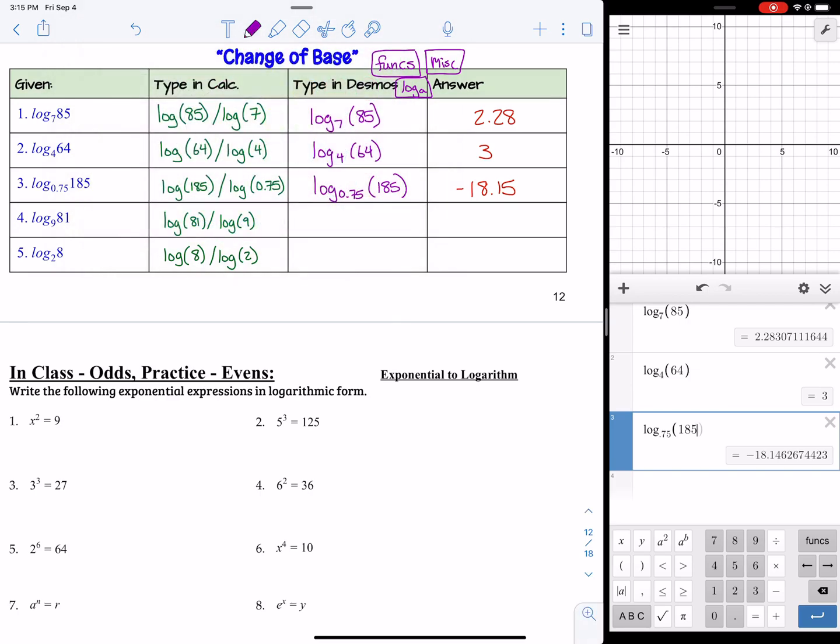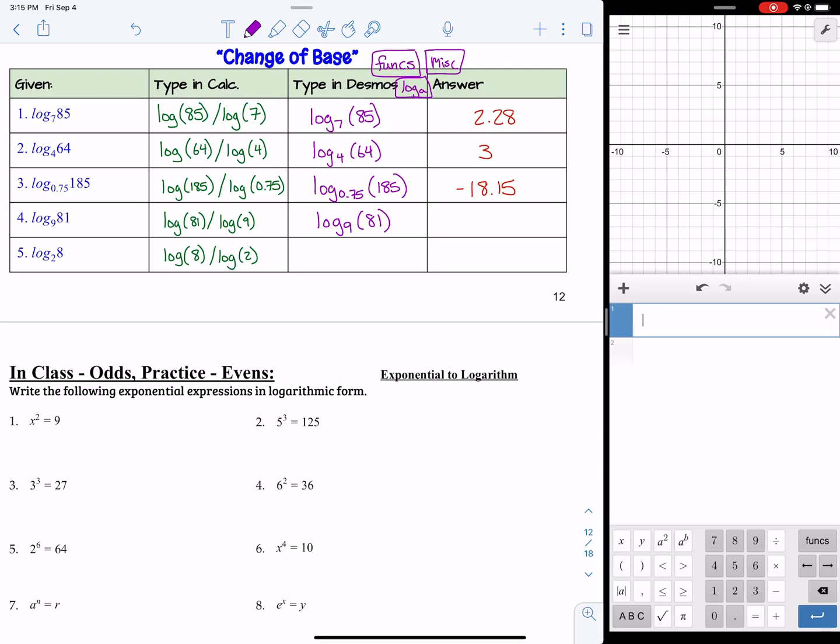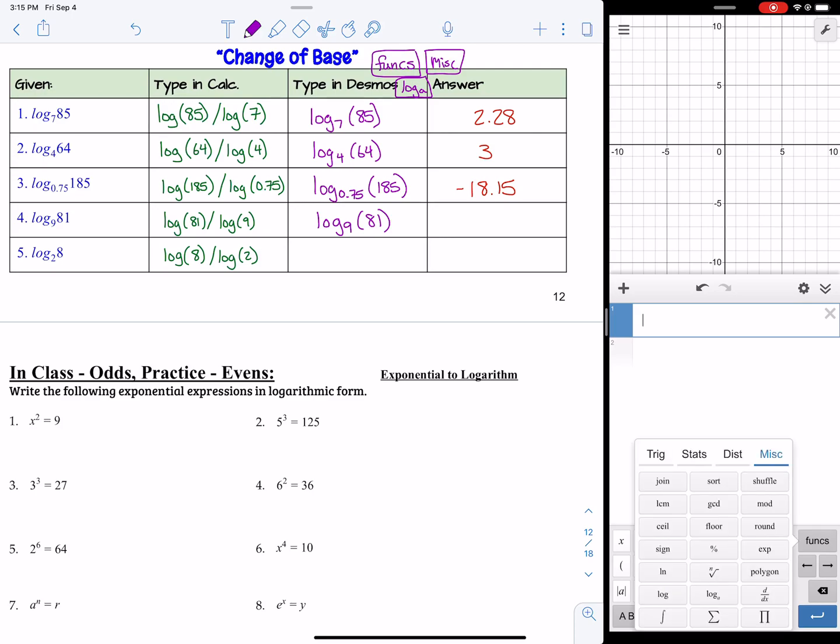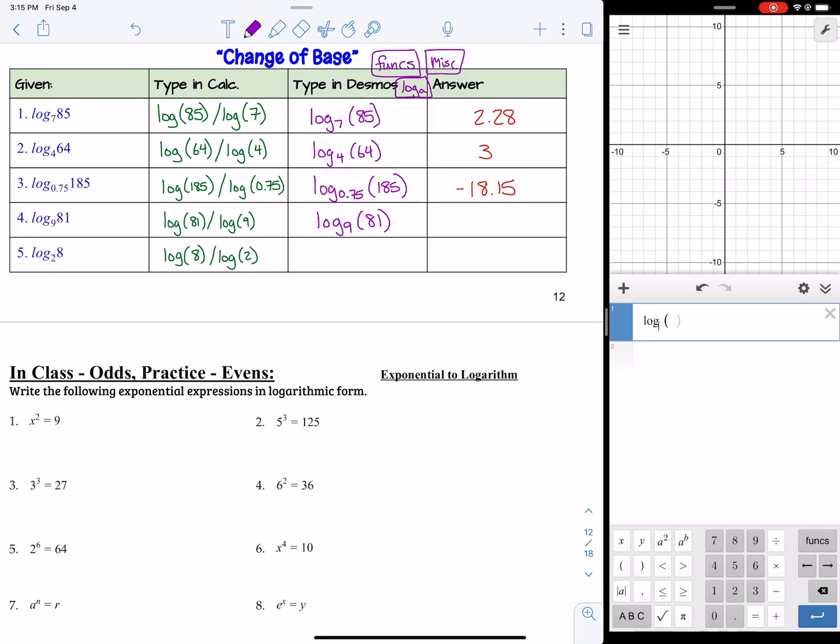All right, and the next one we can type log base 9 of 81. So again, type functions. Let's just clear some of these out so we get a fresh box here. So we have functions, miscellaneous, log base A. We can type the 9. We can type the 81. And so we get 2.